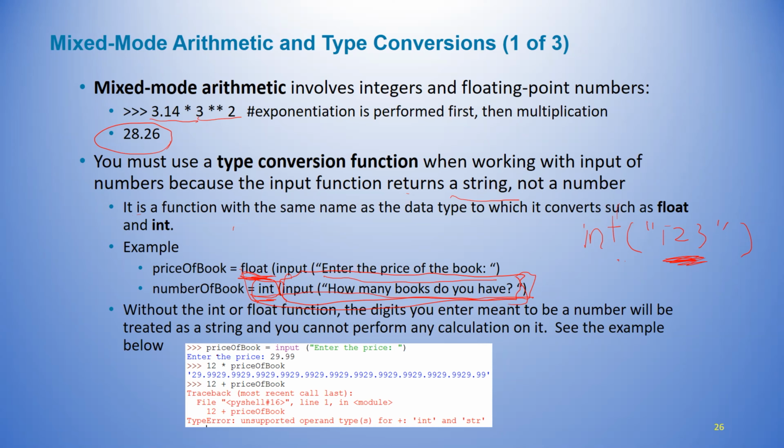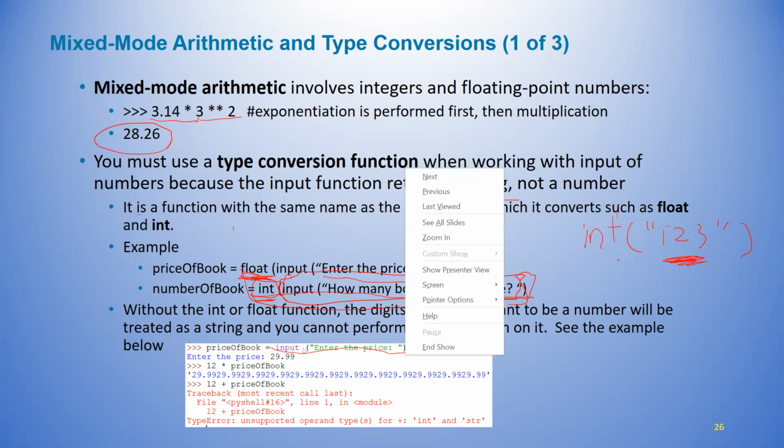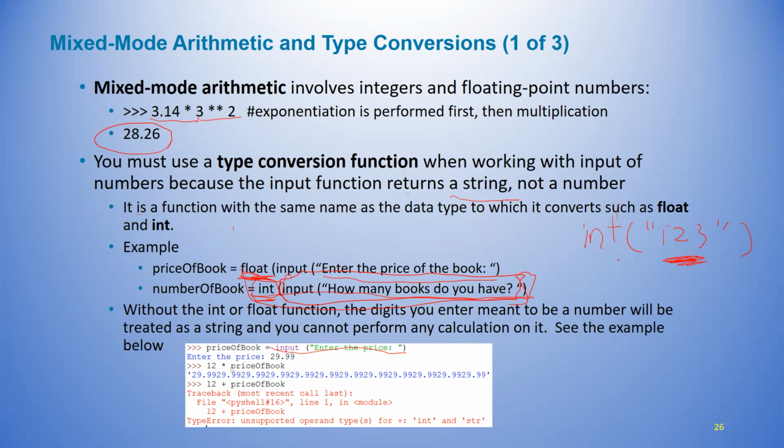Okay, so here, let's look at this example. Price of book, I did not convert. I just asked the user to enter. So the user entered some numbers, but it is a string. So if I want to calculate using it as a number to do the calculation, it does this. You remember this, we did this last time.